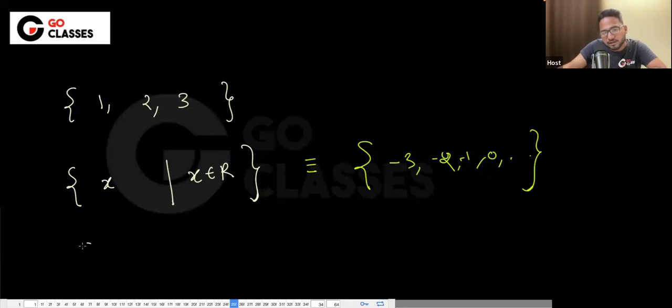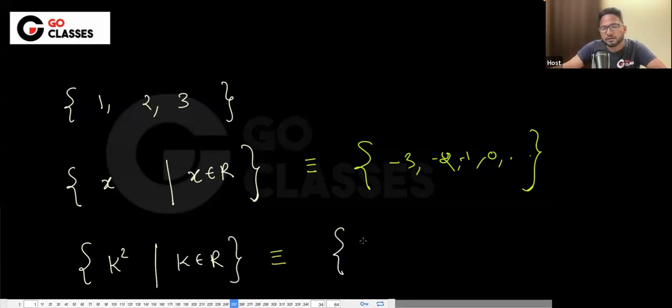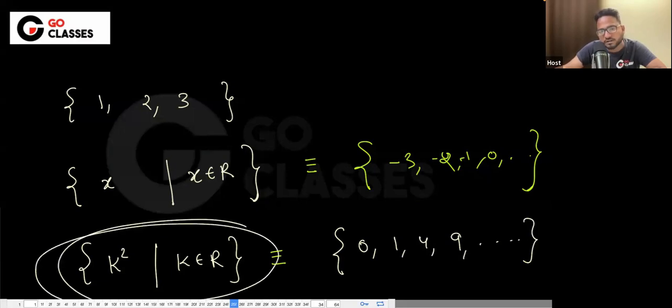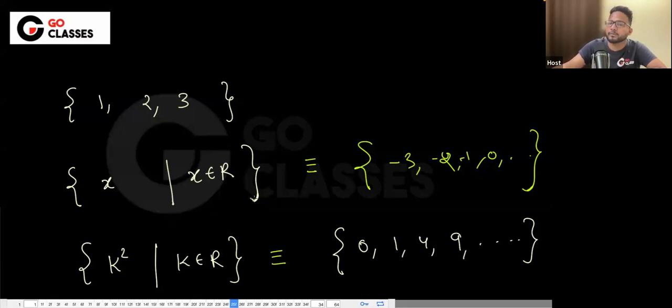So suppose if I say this is k square and k is a real number, then this is same as something like this. Okay. So this is maybe 0, maybe 1, maybe 4, maybe 9, like this, right? So basically, it is a compact way of representing that. Okay, this is how you are representing the set. It is called set builder notation.